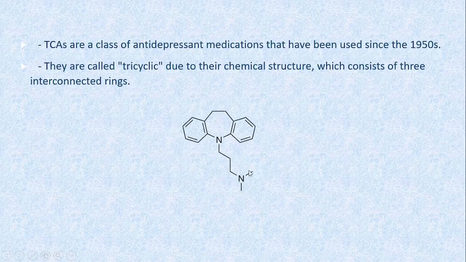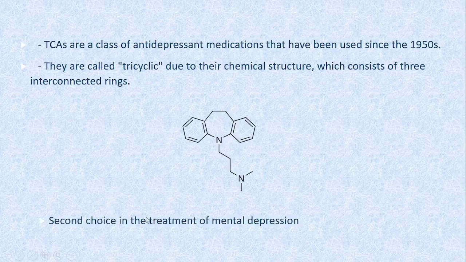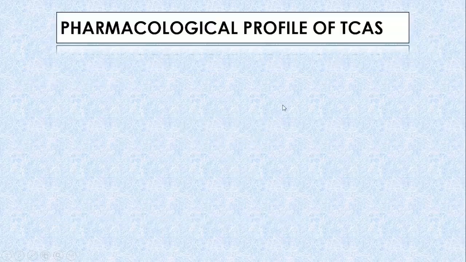They are known as tricyclic because they have a tricyclic structure. They are, of course, second choice in the treatment of mental depression, as we will see later, and as well they have other clinical applications. So we'll speak about the pharmacological profile of this important group of drugs.